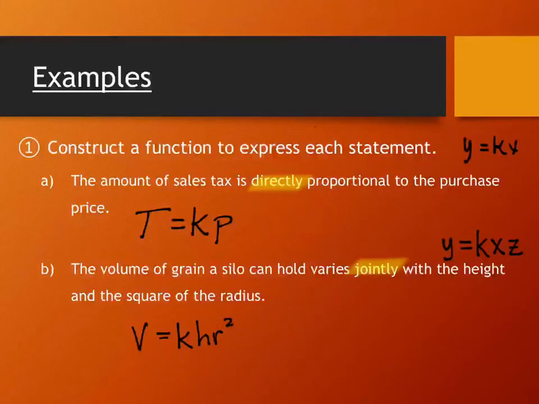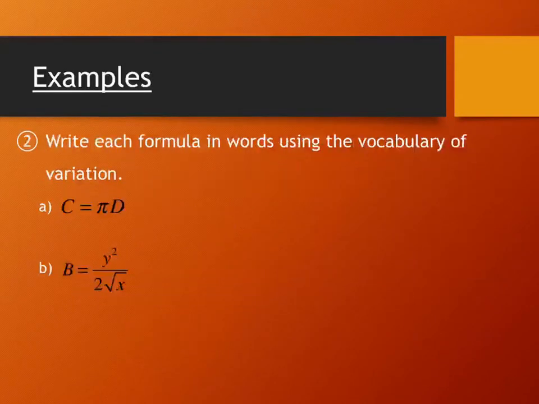Easy enough? Seem reasonable? Okay, we're going to go in reverse now. So we're going to write each formula in words using the vocabulary of variation. I realize that you may not be familiar with the first equation, but you might. Does anybody know what that equation is representing?